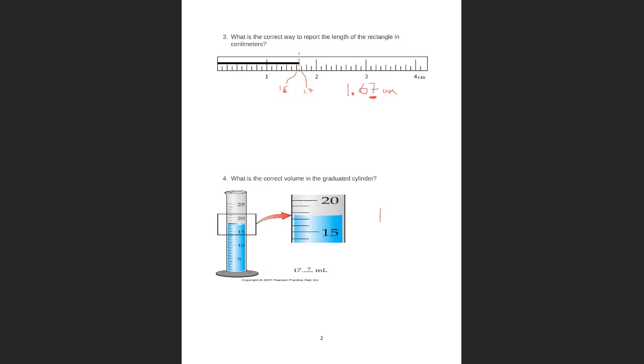Perfect. Awesome. 17.6. Exactly. Because each marking is 1, so our value is between 17 and 18, and I have to estimate one more after the dot, the 6. Awesome.